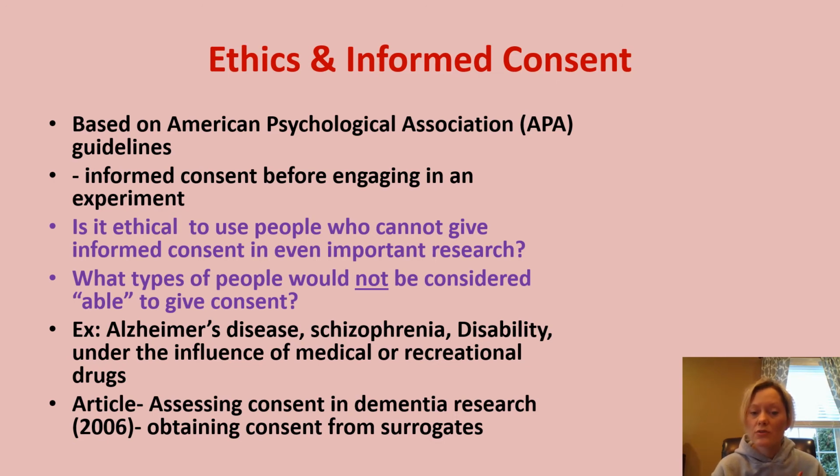We would then use a surrogate to try to get them to have a consent, at least somebody who is their guardian or power of attorney would sign that, because we still want to study people with those kinds of diseases, but they may not be able to do that, especially with schizophrenia, where you're trying to get somebody to sign their consent and they think they're signing away their bank account or signing their death certificate because they are paranoid that people are after them. That's part of the disease of schizophrenia. So we want to still be able to study those people, but we'd have to use somebody who is like their legal guardian.